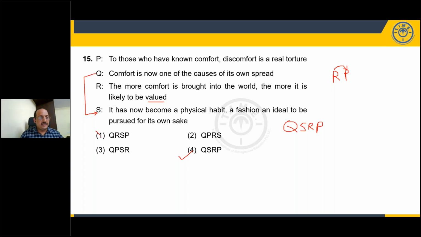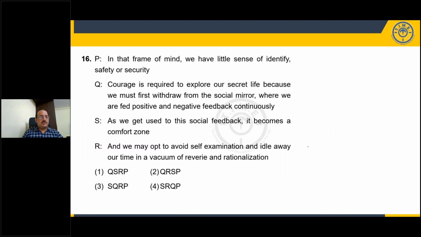The remaining get eliminated. If Q says it's a cause of its own spread, why? Because now it has become a physical habit. Hence Q and S ka group is becoming perfect. So QSRP becomes my order. Is this clear, guys? How we work this out? QSRP. All right. Now let's try the 16th one.